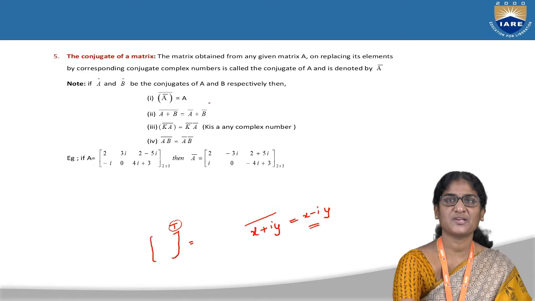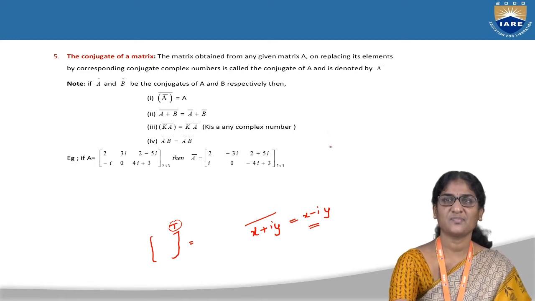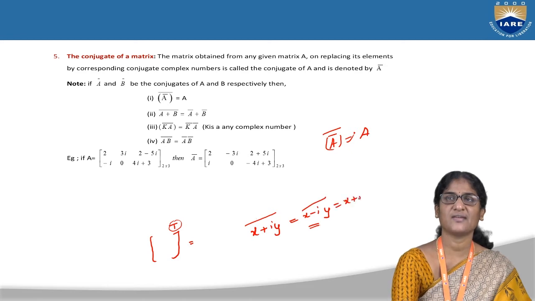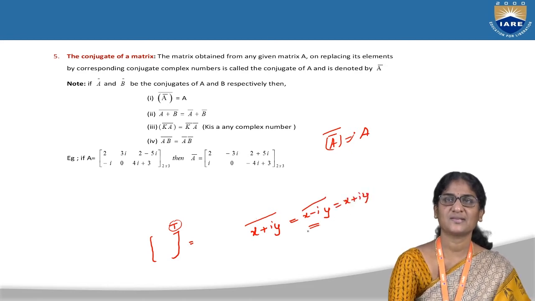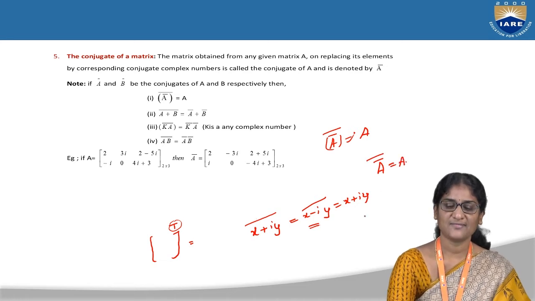The familiar property of the conjugate is that A bar whole bar is equal to A. Suppose x plus iy whole bar is x minus iy; if you take the conjugate once again, we obtain x plus iy, which is the same matrix. So A bar whole bar is always equal to the matrix itself, right?